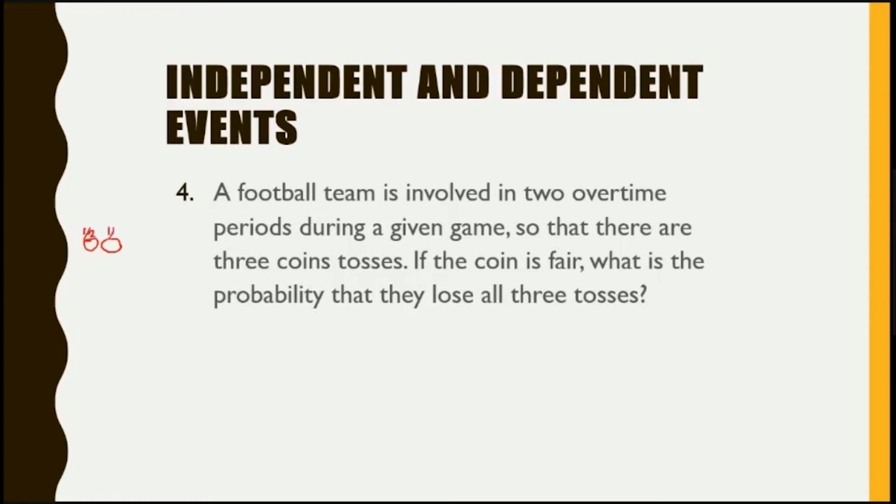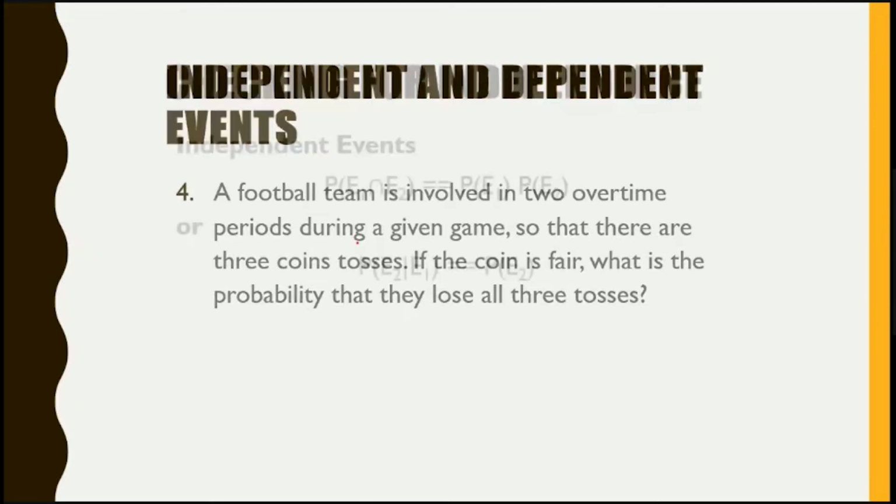Also in the second toss, we have another 1/2 probability, and in the third toss, another 1/2 probability. As you can see, the probability of one coin is not affected by the other. So these are independent events.